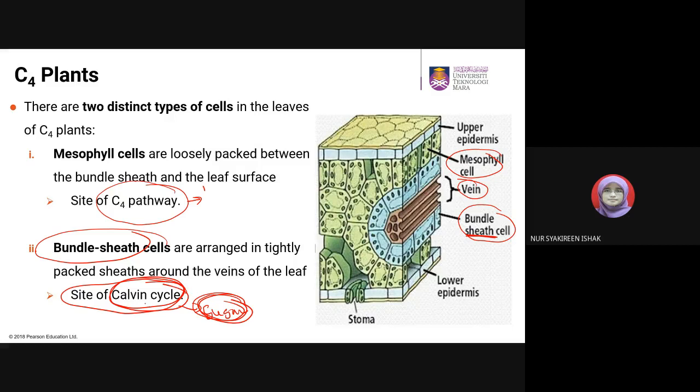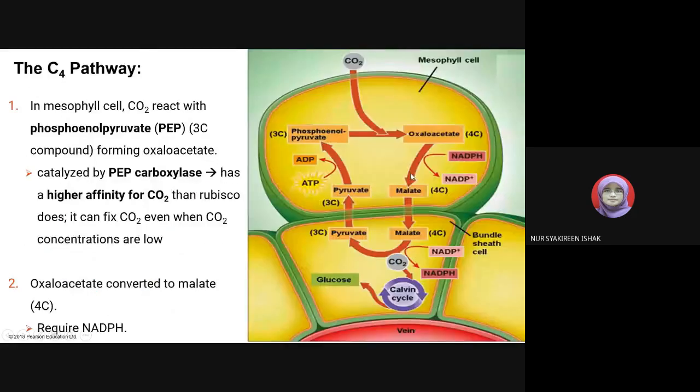When the Calvin cycle produces sugar, the sugar will enter into the vein and then be transported to other parts of the plant to be stored, such as the leaf, the fruits, or the roots or the tubers of the plant. So ingat, mesophyll dengan bundle sheath cell for C4 plant. Kalau saya akan explain daripada gambar ni je untuk C4 pathway.